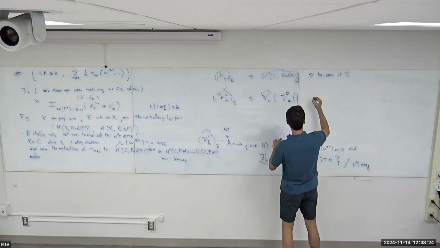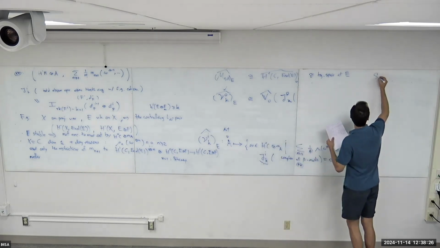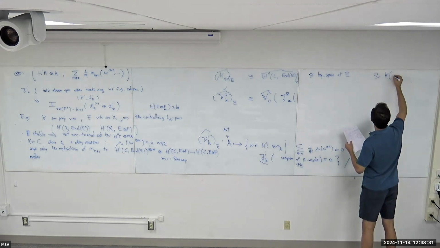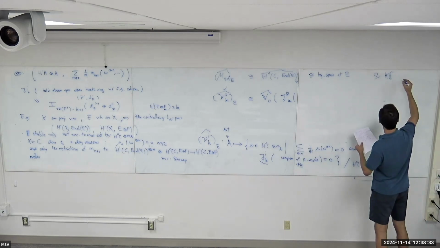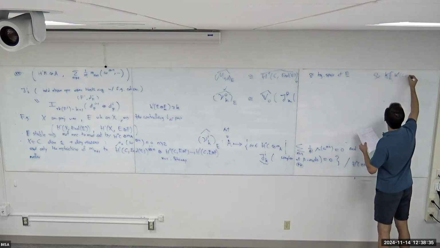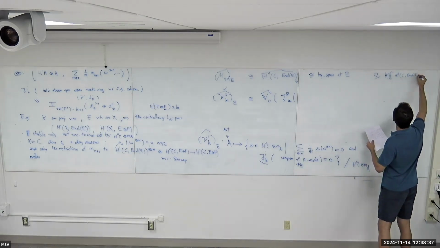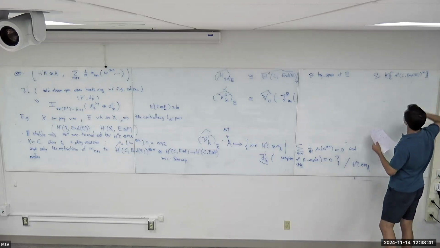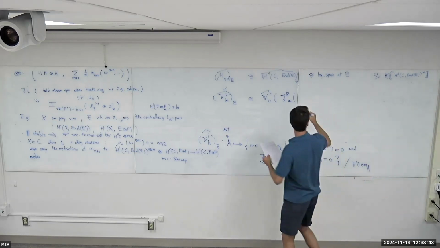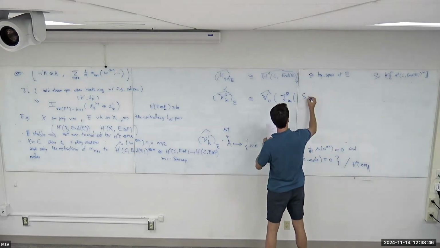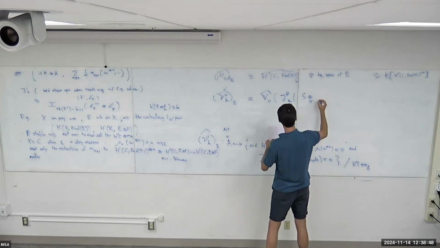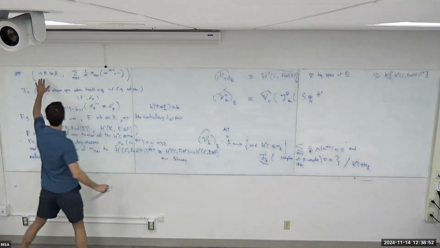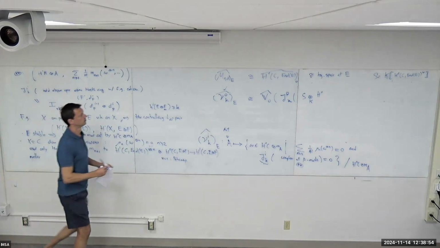So let S be the formal power series on the dual vector space there. I have a complex of S modules here. And it's given by, so now I have to use this.